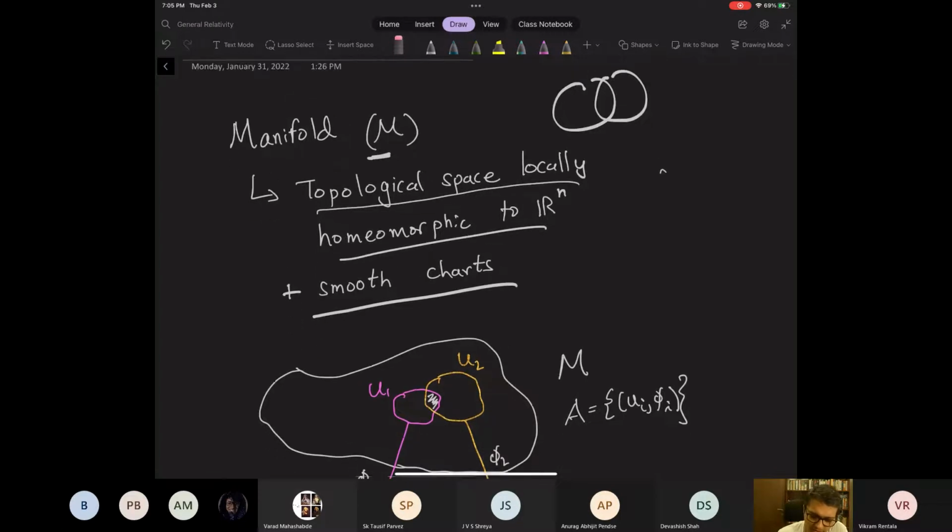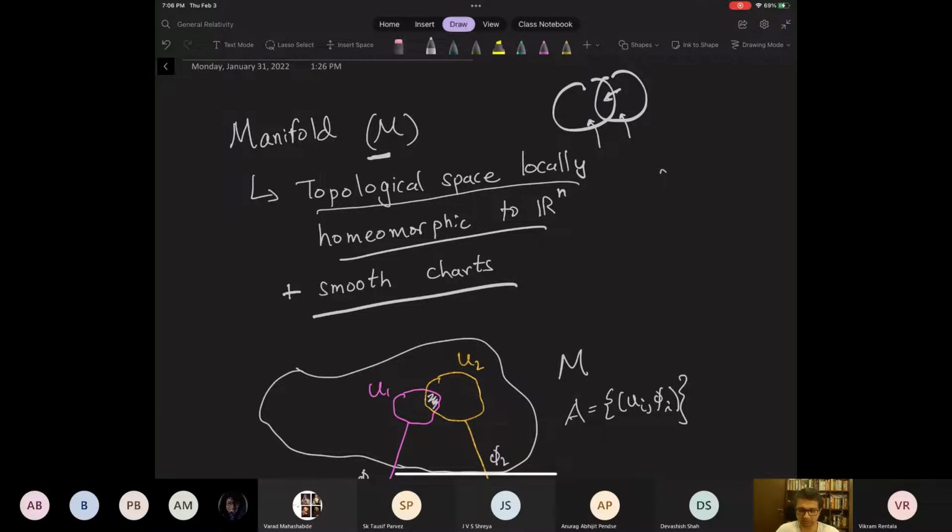This notion of smoothness allows us to transition from one coordinate chart to another in their overlap region. So we can describe dynamics on the manifold using these charts, but the manifold itself, or the topological space itself, has a notion of smoothness associated with it, and it doesn't matter which chart you use henceforth. So that's what we're going to see.